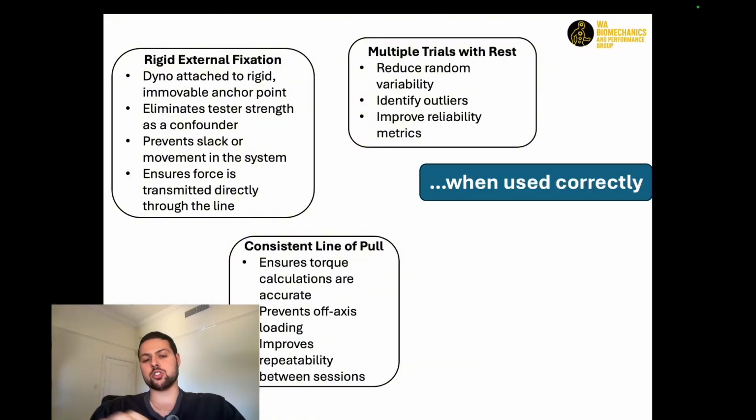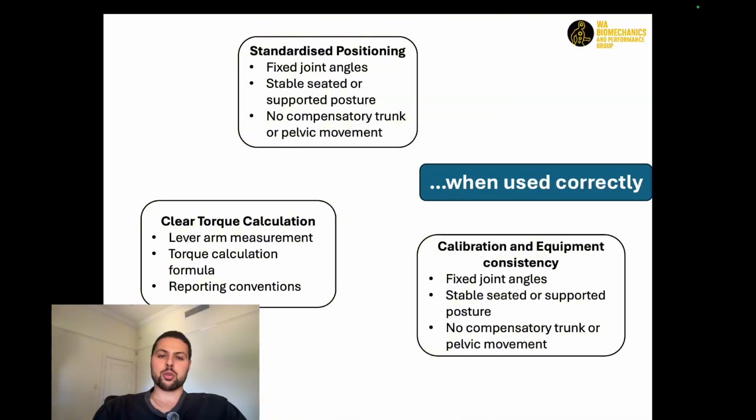That means we can ensure accurate torque calculation, we can prevent off-axis loading, and we can improve repeatability between sessions. Then three more that are really important: we standardize the positioning with joint angles, a stable seat, and no compensatory trunk or pelvic movement, and therefore we can create a clear torque calculation. And we just want to make sure that the calibration and the equipment are all consistent, okay?